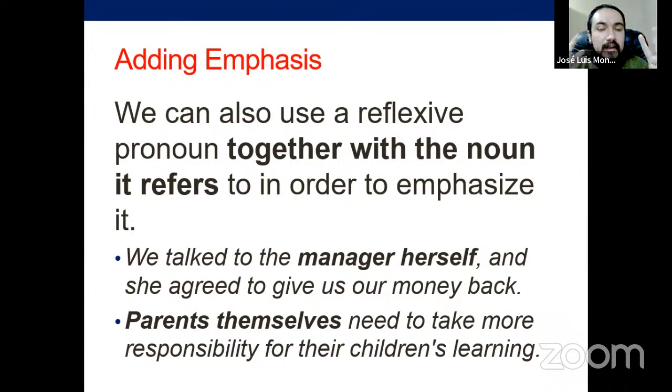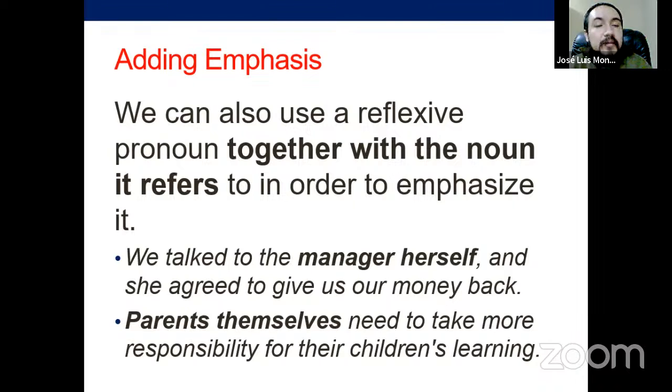The second type. But here, herself is for manager. So we are putting emphasis on that idea, on the word manager. Okay, so once again, we talked to the manager herself and she agreed to give us our money back. Okay, so again, herself in this case is for manager.